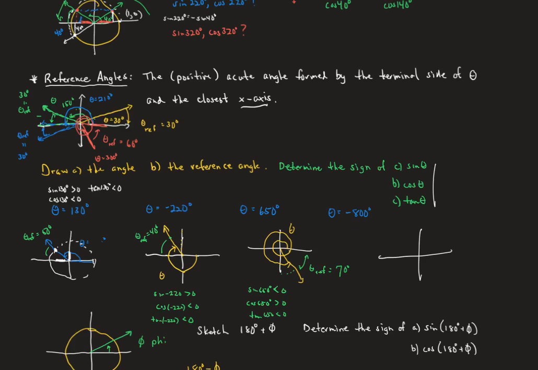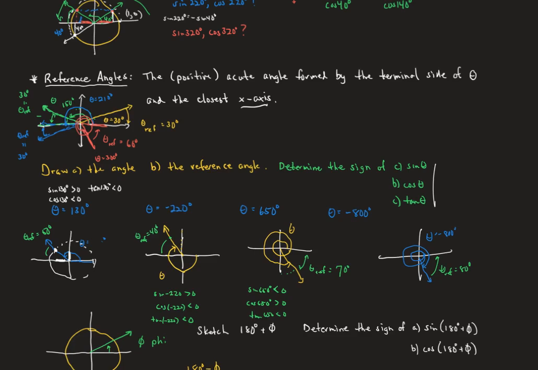All right, let's do a negative 800. So there's negative 360. There's negative 720. So another 80 degrees will take us about to here. So there is our theta equal to negative 800 degrees. Our reference angle is going to come back to the nearest x-axis, and I think that's going to be, we said, 80 degrees.